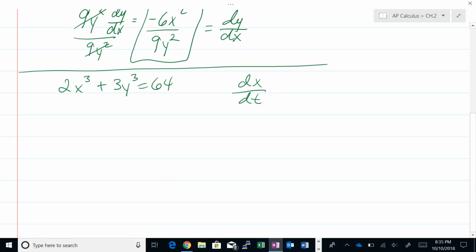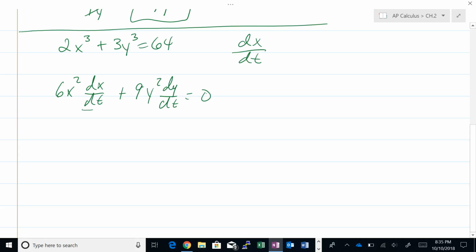In which case, this changes everything. The derivative of this is 6x squared dx/dt plus 9y squared dy/dt equals 0.